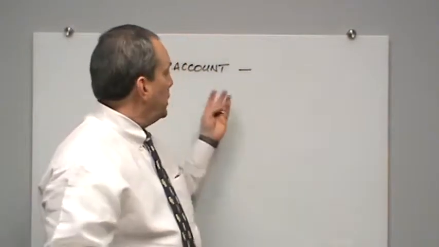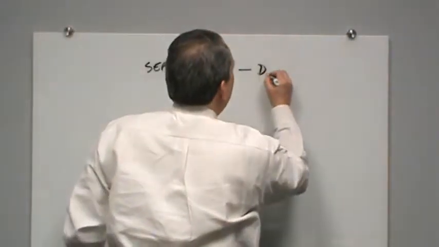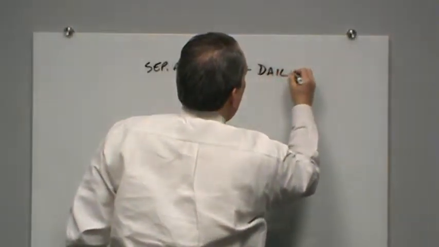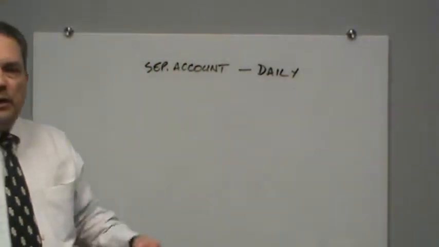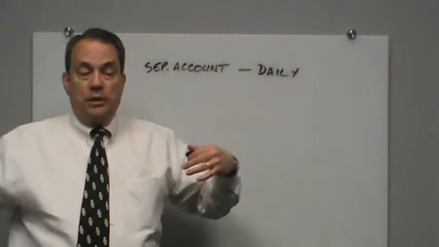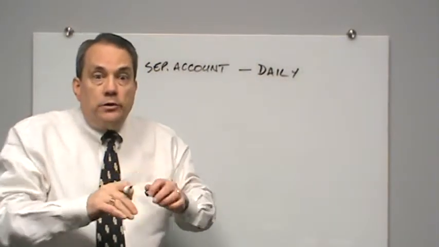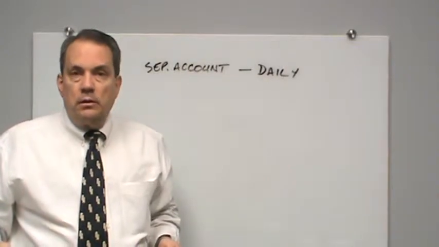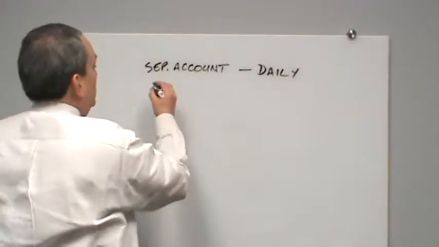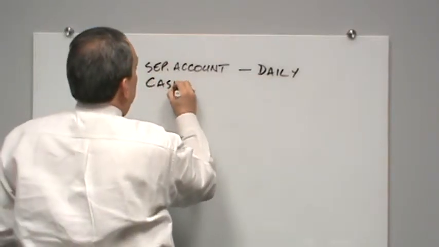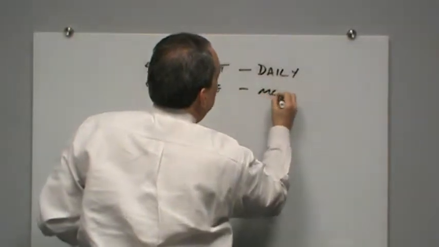So my separate account looks a lot like a mutual fund, let me value that daily so that my nervous Nellies will be able to check and see what it's worth every single day. But now in the aggregate, how much is in my mutual fund account? Well, I can do all the math if I want to, but you know what's a lot easier? To wait till my statement comes in, right? And statements are going to come in monthly. So cash value is going to be monthly.